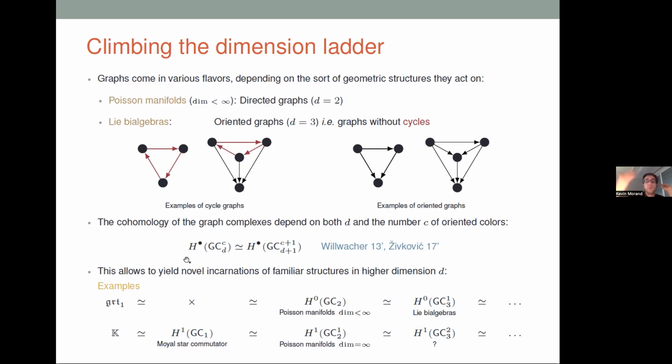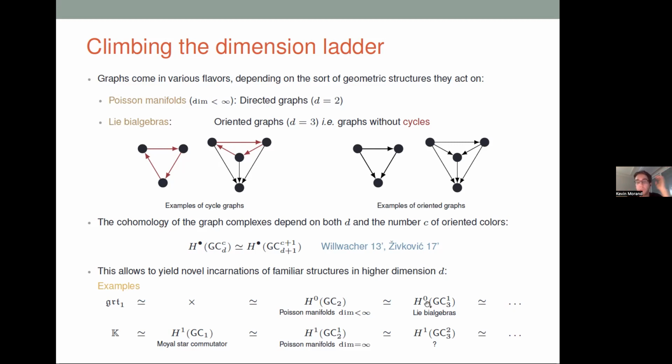And this allows us to provide novel incarnations of some familiar structures, but in higher dimension. For example, GRT1 appears naturally in the context of Poisson manifolds because it is the cohomology of this particular graph complex. But it also appears one dimension higher if we orient one of the directions.